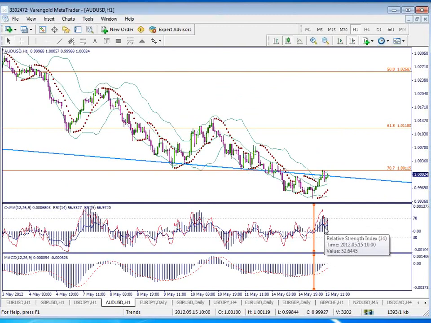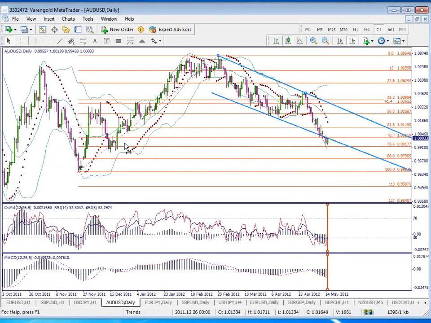I have something like a signal for sell short term. Probably it will be up to the middle Bollinger Band here, and the pair will continue up to 61.8. In this point, I think that we will see this swing between the lines of the channel. Anyway, minimum at 61.8 or maybe at 50 level.